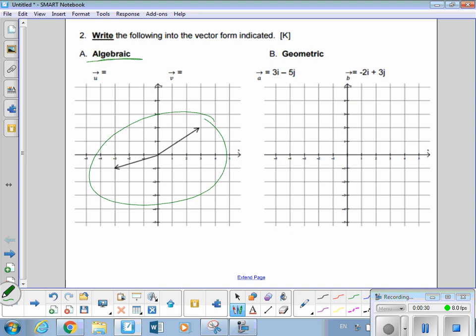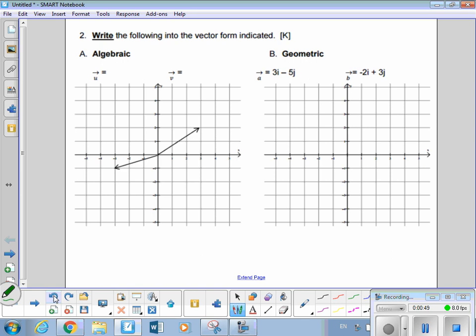And then the second one, they've given us an algebraic vector, and they want us then to translate it into a geometric one. So it's actually a lot easier than what it appears, and this is how we do it.